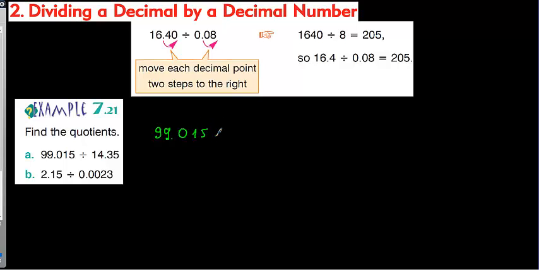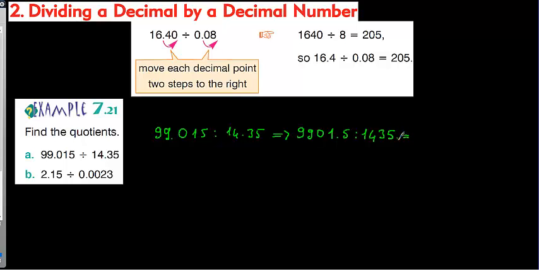99.015 divided by 14.35, for both of them I'm going to move 1 unit right and 2 units right, because this becomes a whole number. Then the question is the same as 9901.5 divided by 1435.